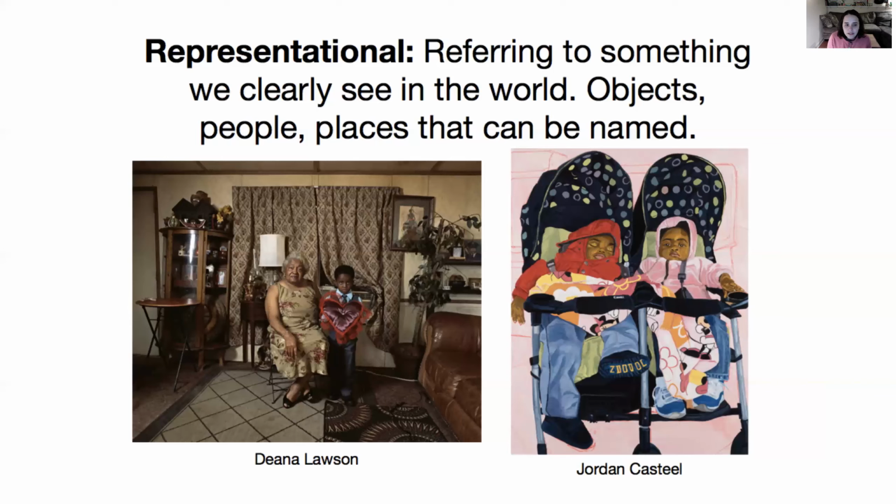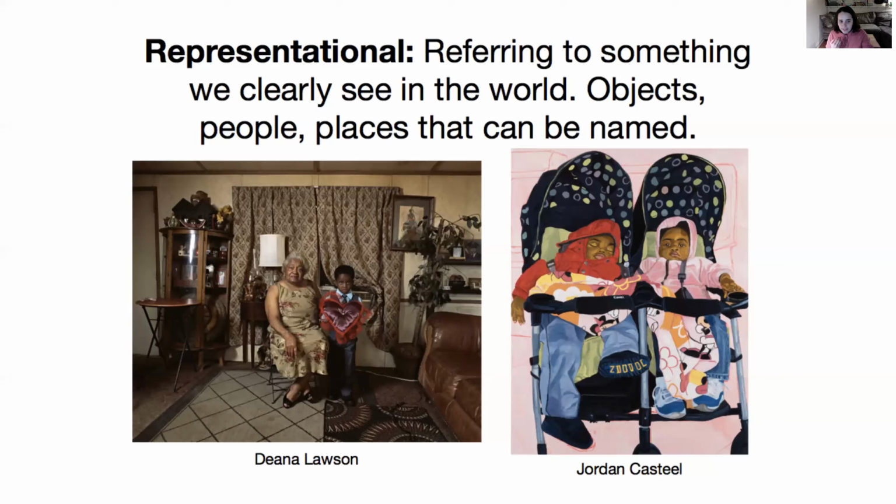And I say this very loosely, so you might not experience these images in your life. What I'm referring to is the way that these are people sitting in a space. There's architecture, there's objects, there's an accurate sense of light and dark.